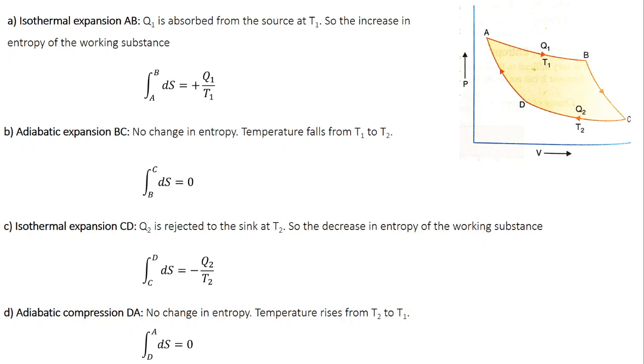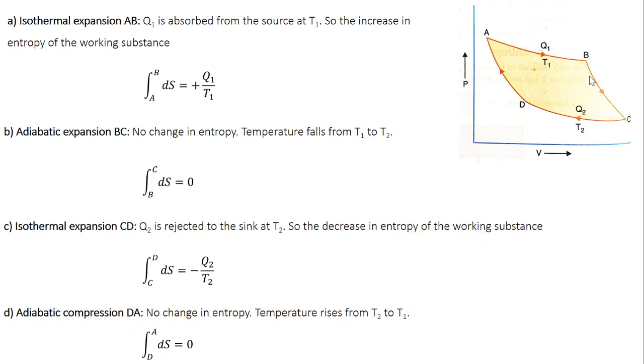How do you calculate the total entropy change? This is the integral from A to B of dS. Remember the definition of entropy change: dQ divided by T, where dQ is the heat exchange. Here the heat exchange is the heat absorbed from the source, which is Q1. Since it is heat absorbed, it is positive Q1. So the total entropy change is positive Q1 divided by T1.